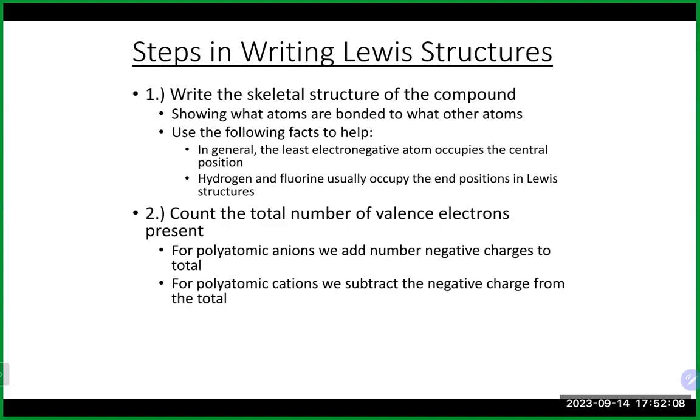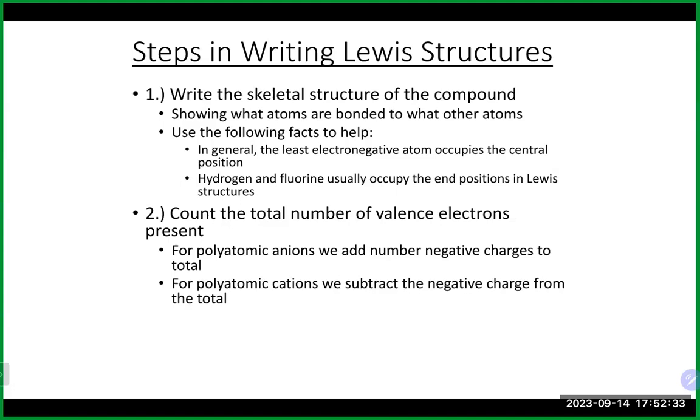But a lot of times, if you have one atom of one element and 3 of another, then the one element is usually in the middle and everybody else is attached to it. To help you decide what goes in the middle, usually the least electronegative atom should occupy the center position.